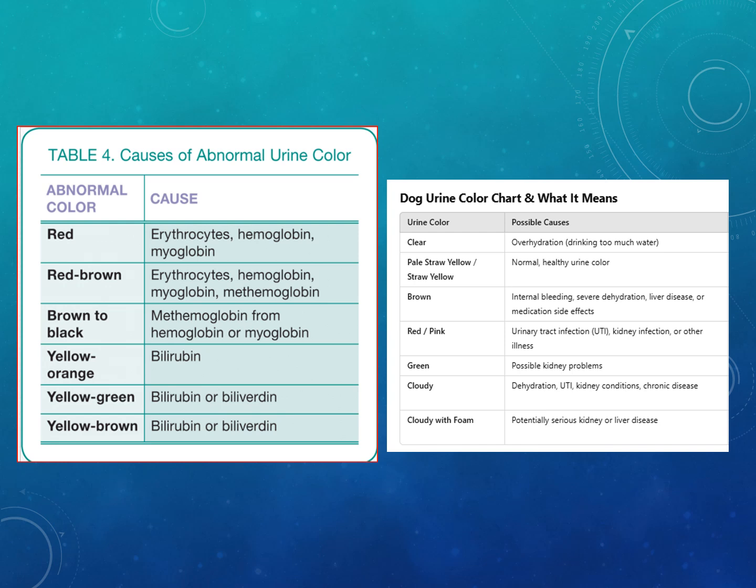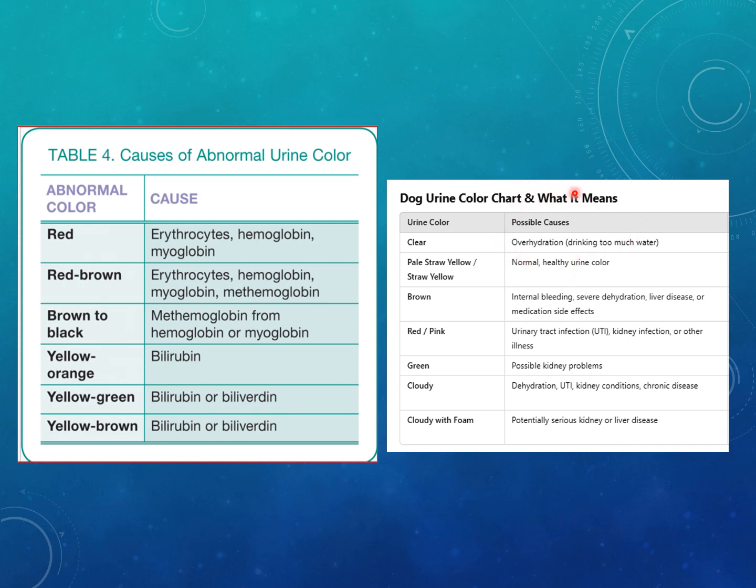So here we have a table of some of the contents of urine that may cause the coloring. And you notice here that urine can also have an orange color due to bilirubin. And then we have a nice little chart over here that shows what some of these colors may be related to. And again, normal is pale yellow.